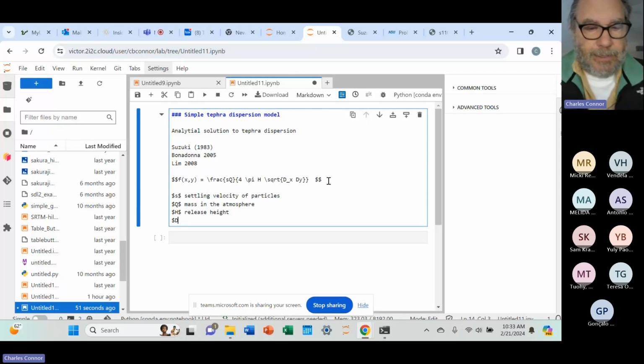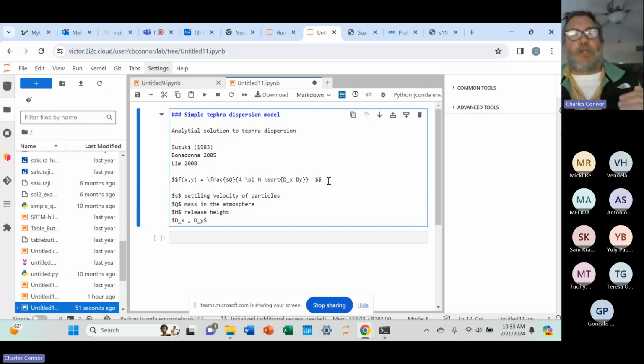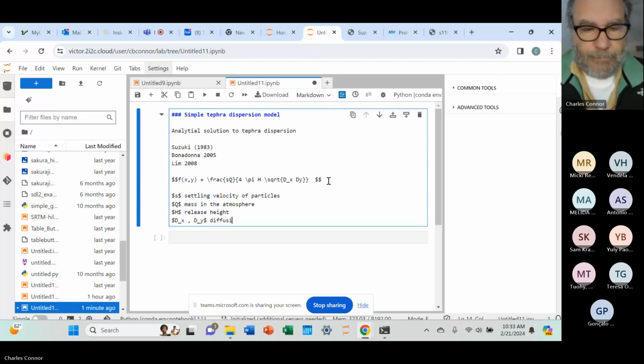And then dx and dy are going to be our diffusivity terms in the crosswind and downwind direction, right? Sort of how much it spreads out as a function of time.